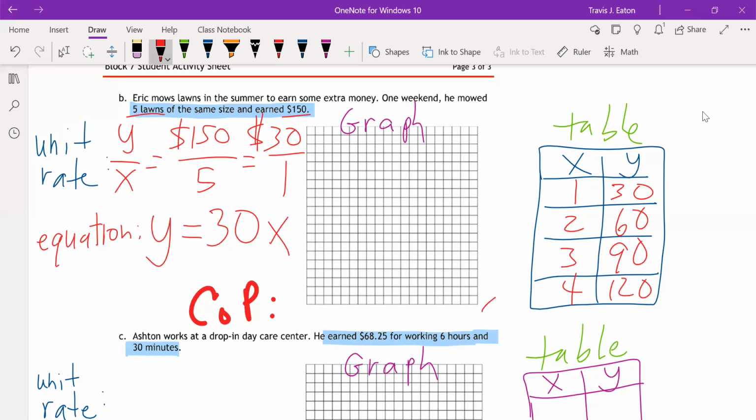And remember, this is our x axis, this is our y axis. The x is the number of lawns, and the y is our money, the money side. And so when we go to graph this, if he mows, let's see, nope.